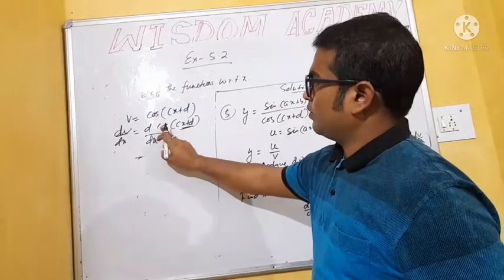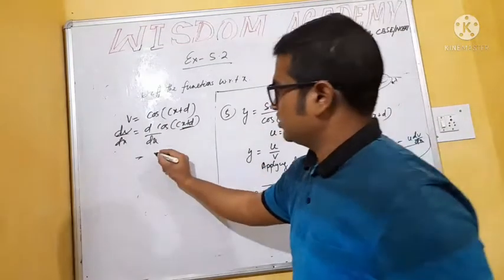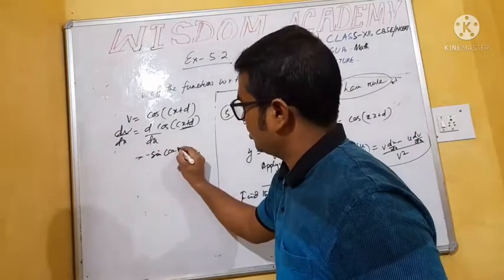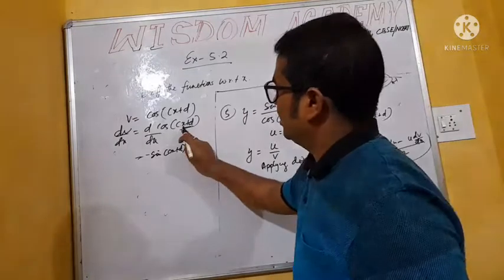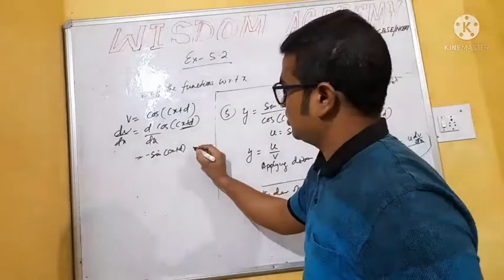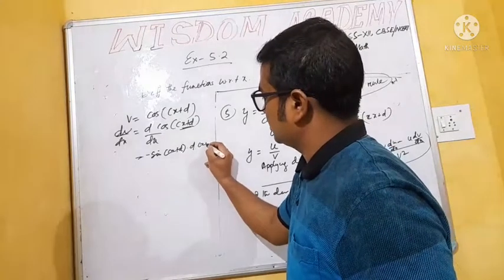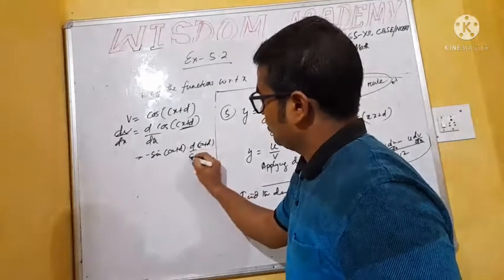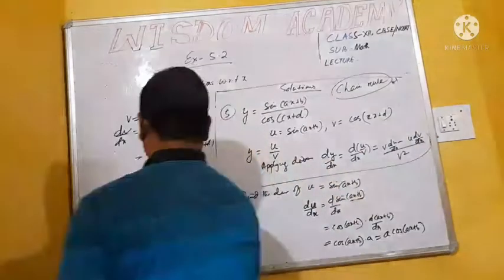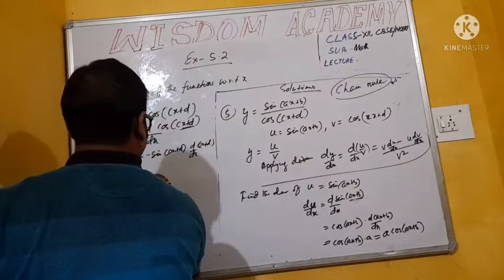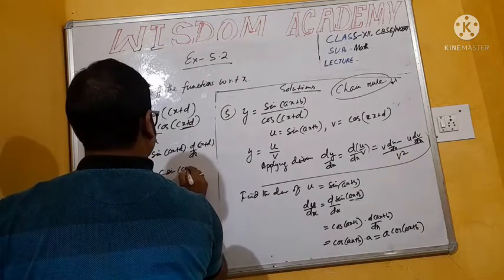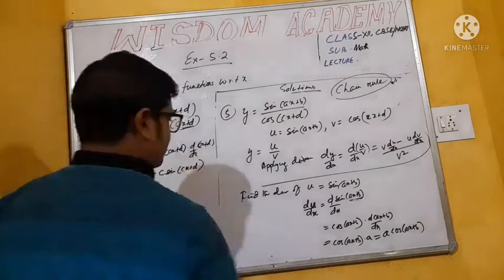What is the derivative of cos x? That is minus sin x, minus sin of cx plus d. Really here x is not present, so again the derivative of cx plus d, which is c. That means you can write minus c sin into cx plus d.